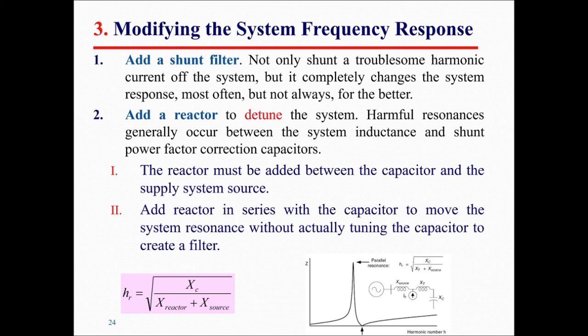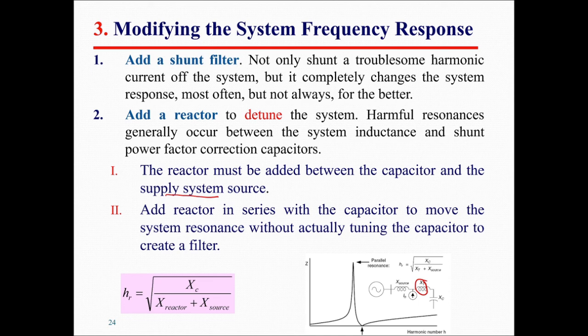Adding reactor. Harmful resonance generally occurs between the system inductance and the shunt power factor correction capacitor. The reactor must be added between the capacitor and the supply system source.